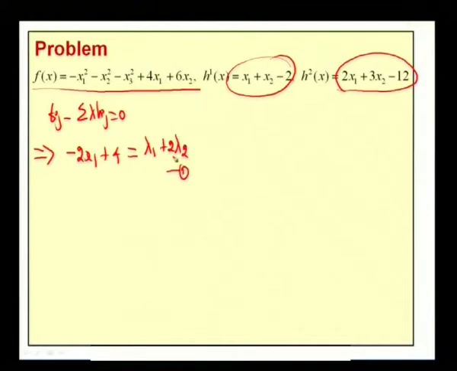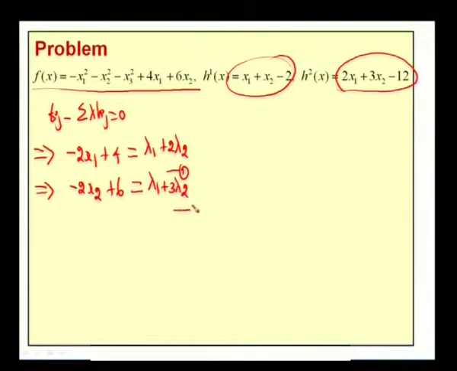Then for the second variable x2, the corresponding Kuhn-Tucker condition gives f_2 minus summation lambda h_2 equal to 0. For this problem, the second condition gives us minus 2x2 plus 6 equal to lambda1 into 1, then plus 3 lambda2.